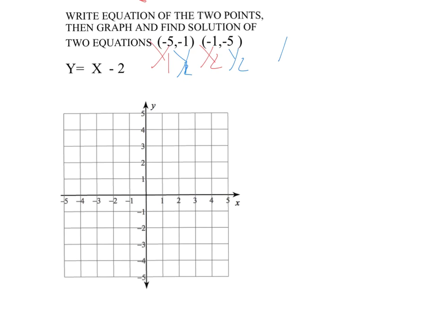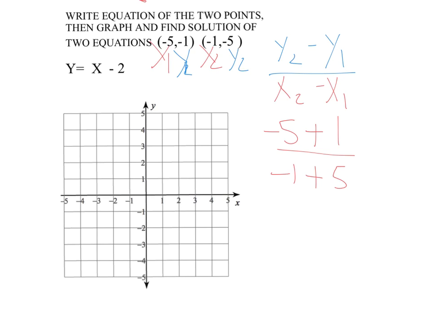So to find our slope, it's y2 minus y1 over x2 minus x1. So our y2 is negative 5 minus a negative 1, or plus 1, over x2, which is negative 1, minus a negative 5, or plus a positive 5.